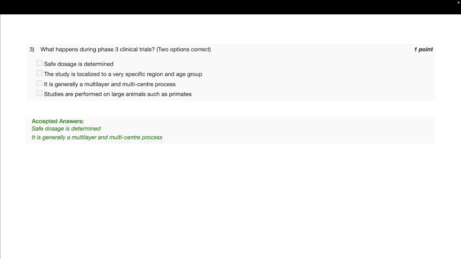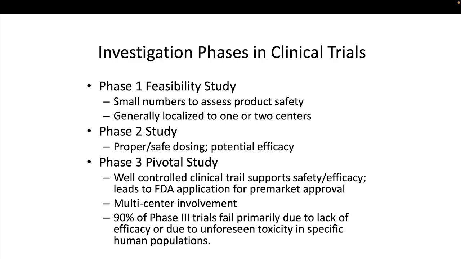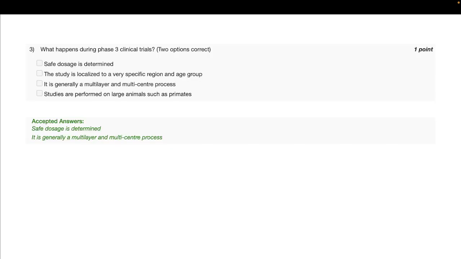The right option is safe dosage is determined and it is generally a multi-layer and multi-centered process. So as I said, we have divided the clinical trials into three phases, where phase 3 is a multi-center involvement, meaning you do the same study at the same time at different centers just to cover a majority of the population, and also safe dosage is determined in the study.